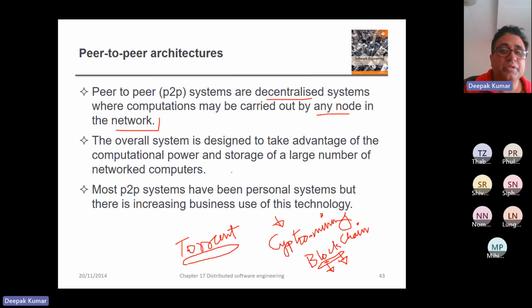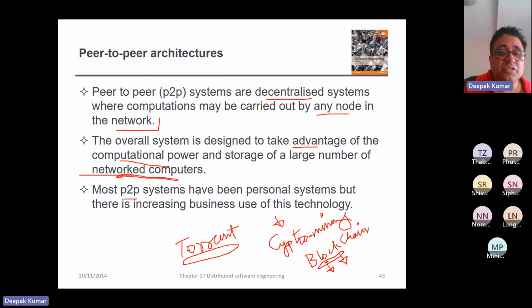Some of you have heard about people putting up dedicated rigs for crypto mining. So the system is designed to take advantage of the computational power and storage, and it's stored on a large number of computers which are connected with each other, very autonomously. There is no dedicated server controlling them.